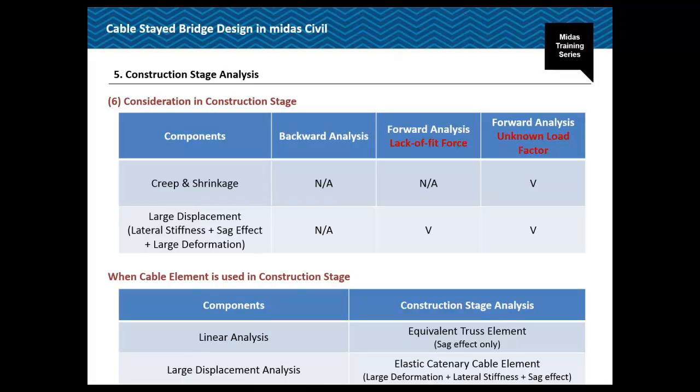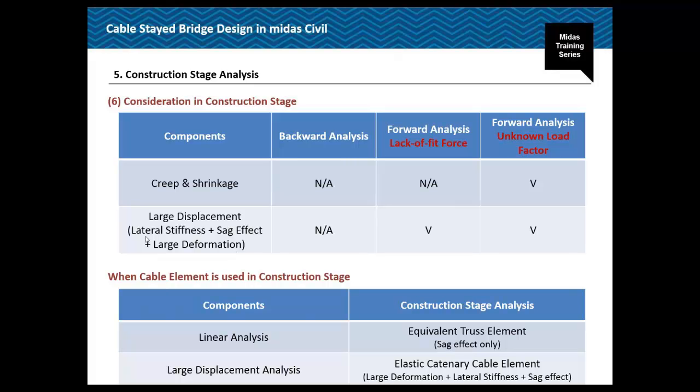So let me make a little summary about the status and the limitation of MIDAS Civil for the construction stage analysis. We have three different types of analysis methods for finding the jacking force in MIDAS Civil. One is performing the backward analysis, but this could not consider the creep and shrinkage effect, also the large displacement effect. Here, by large displacement, I'm referring to three different nonlinear effects.